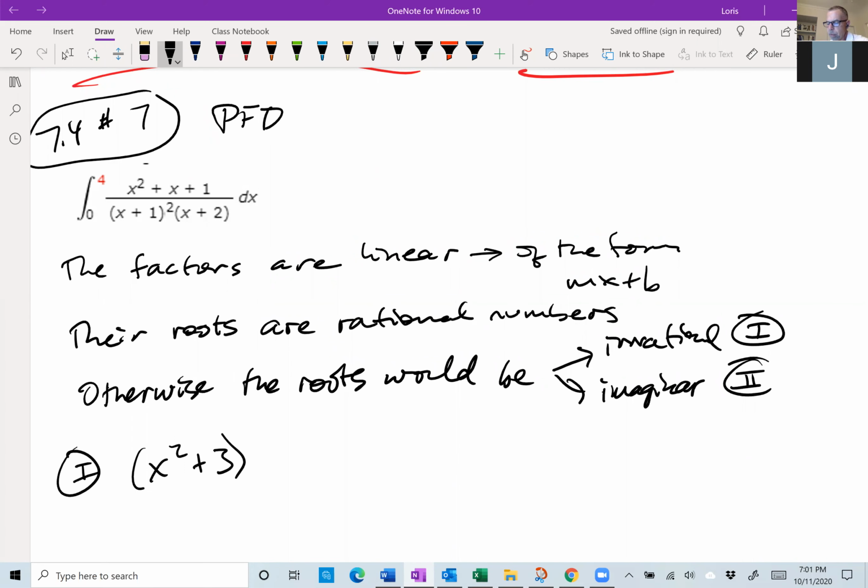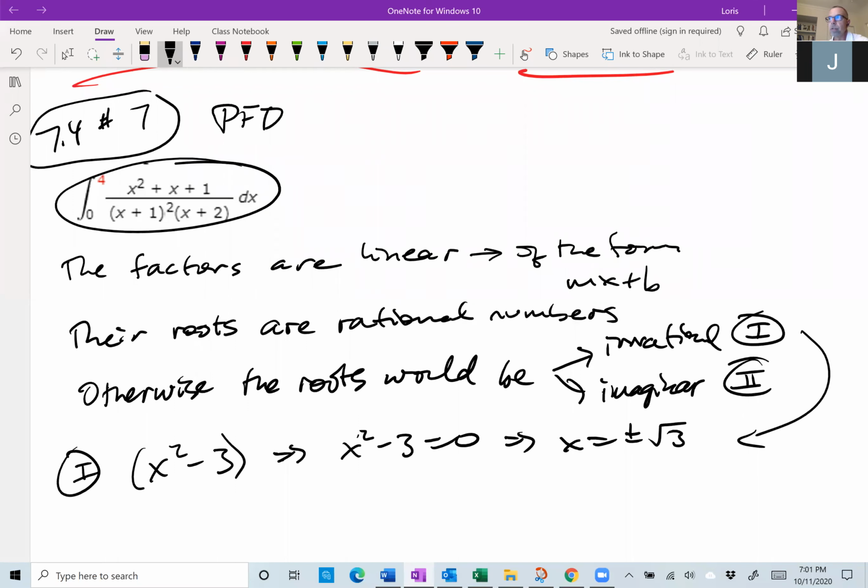So the root would be x equals plus or minus root 3, and that is irrational. If that's the case, we can't use what I'm about to show you for linear factors.